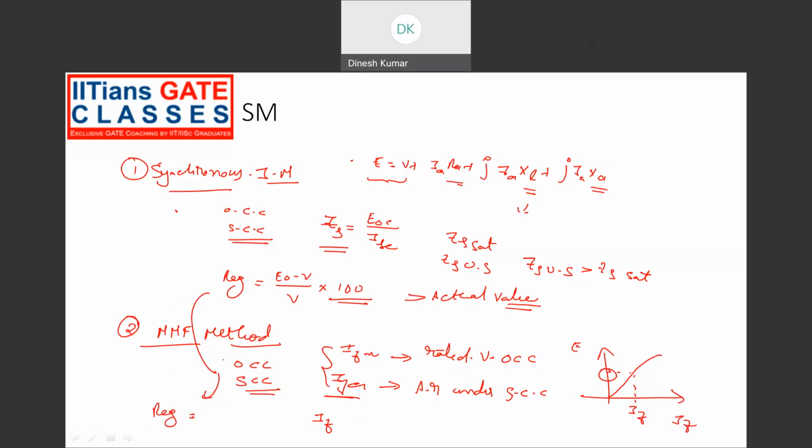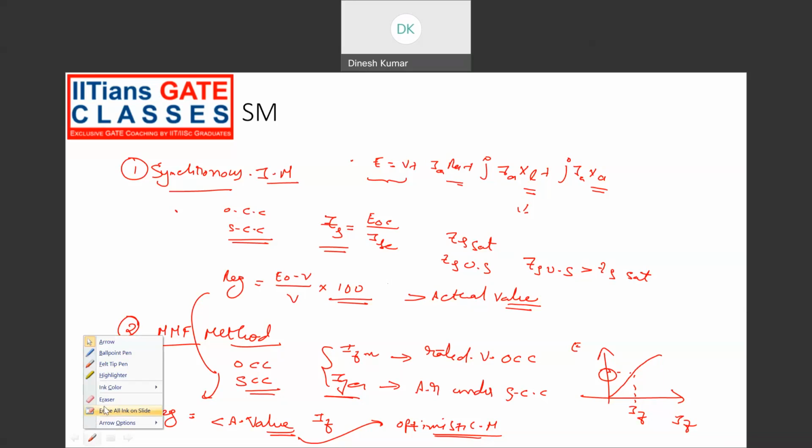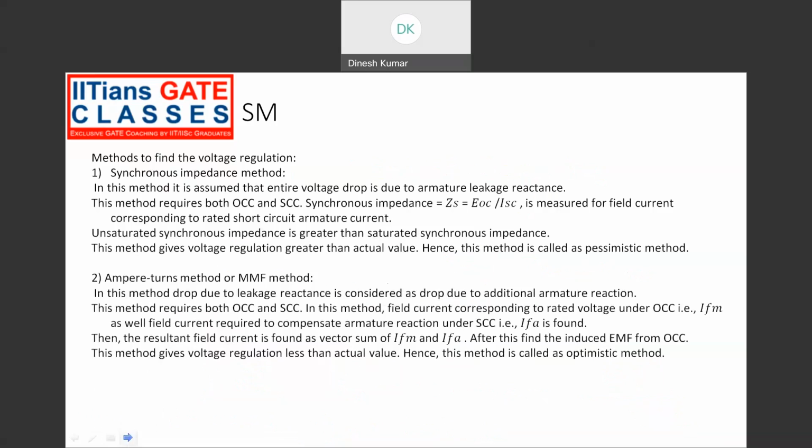This method gives voltage regulation less than the actual value, so it is called an optimistic method. This is what I discussed in the earlier slide.